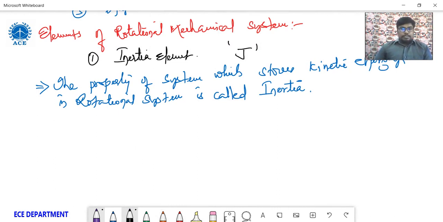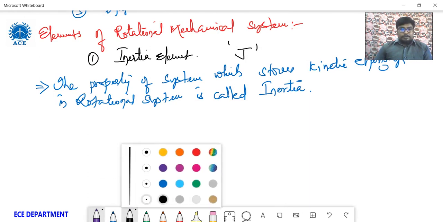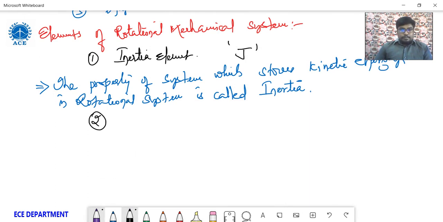The second one is the damper element, which is represented with B. You can say torsional damper also, no problem.